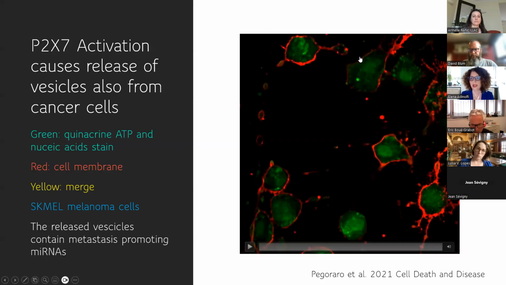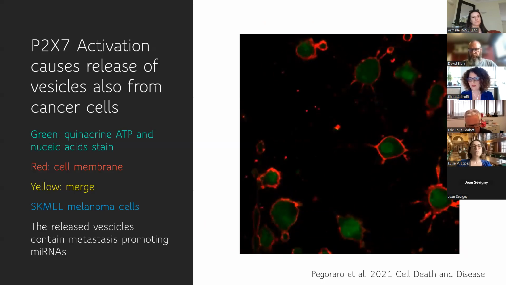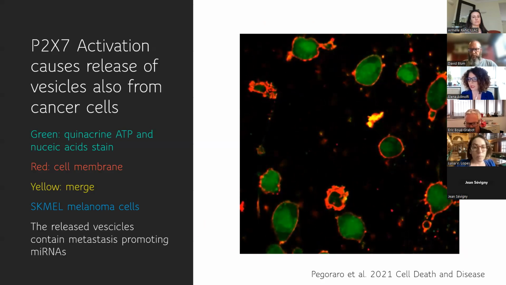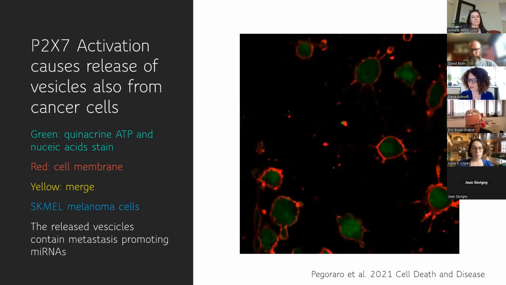And these are, again, SKMEL human melanoma cells, stained in red with a stain for the cell membrane, and in green we have a quinacrine staining, which should stain both ATP and nucleic acids. So if we stimulate with BzATP, also in these cells we get a massive release of vesicles, and as you can see, some of them do contain quinacrine, thus suggesting that they may contain ATP and also nucleic acids.